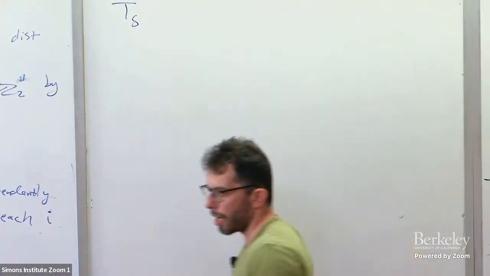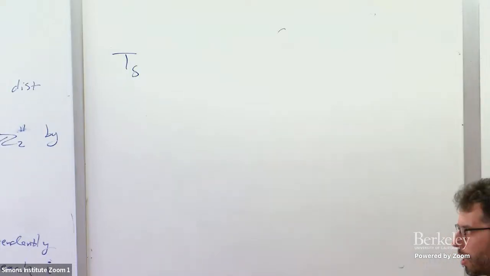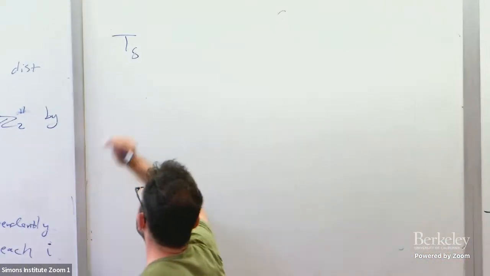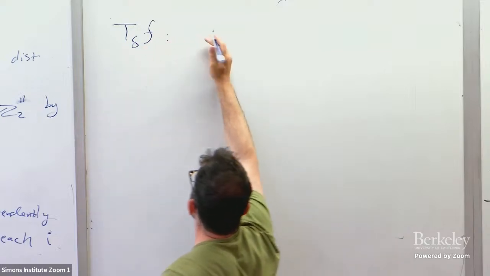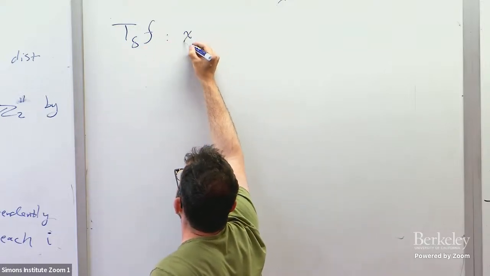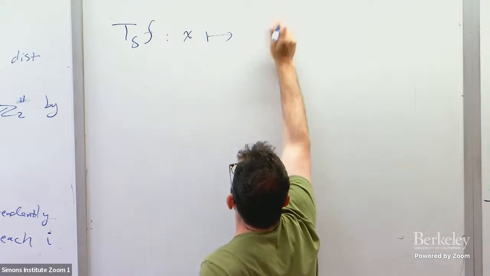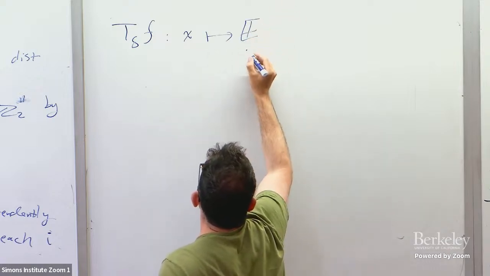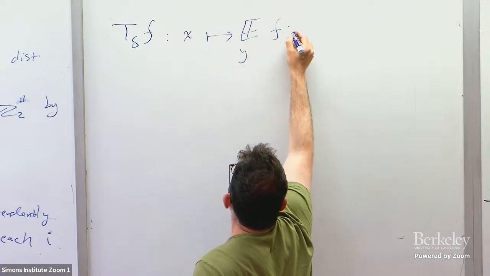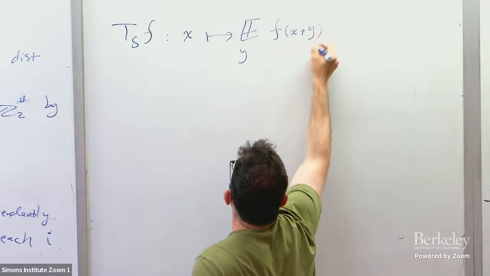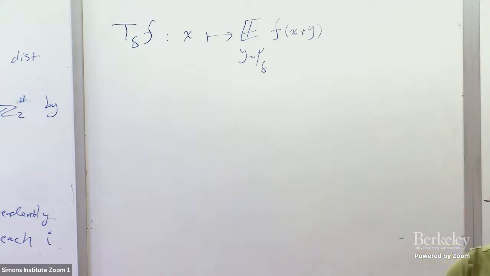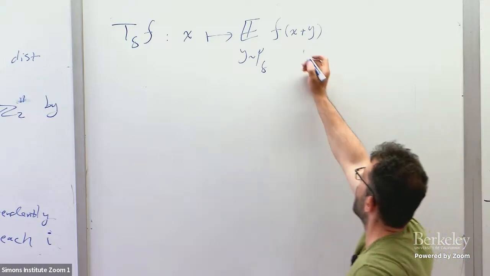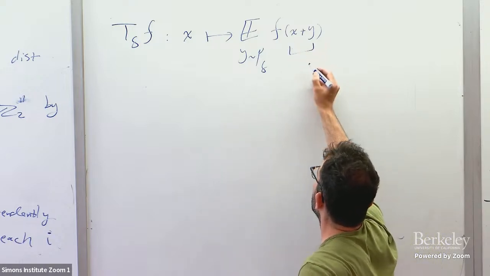So this takes a function f and averages it with this noise. T delta of f is going to map any point x to the expected value over y of f of x plus y, where y is sampled from this mu delta. So what is happening here? What is x plus y?